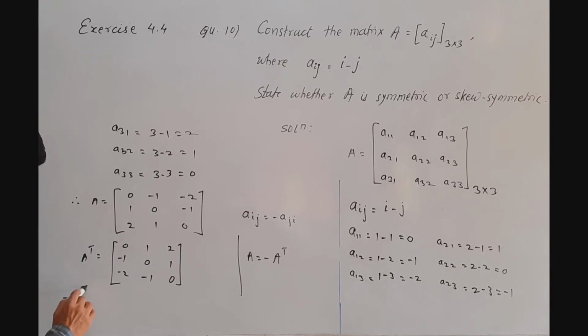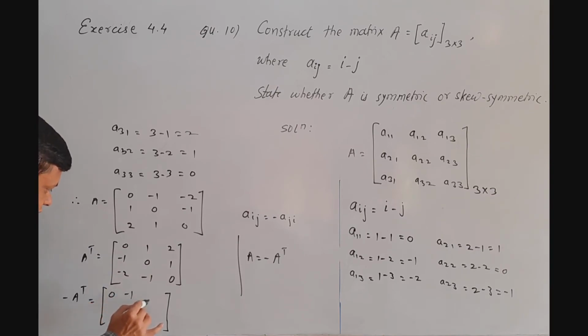So right here minus A transpose is equal to, after multiplying by minus sign, we change the sign of each element of the given matrix. So write here 0, minus 1, minus 2, then plus 1, 0, minus 1, then plus 2, plus 1, 0.